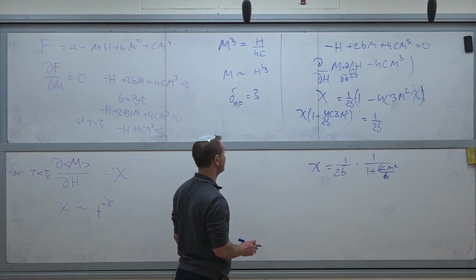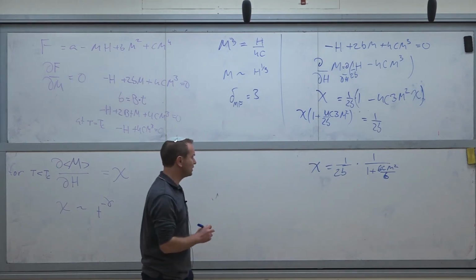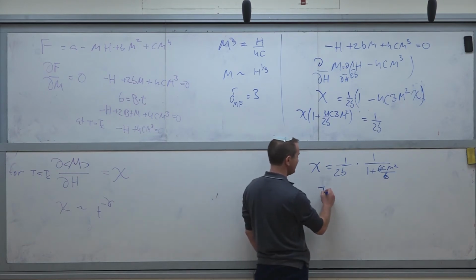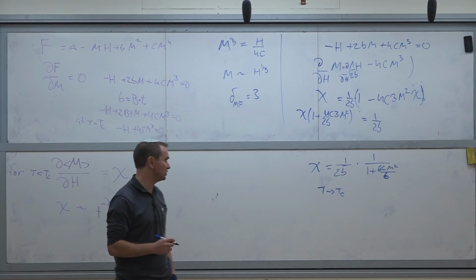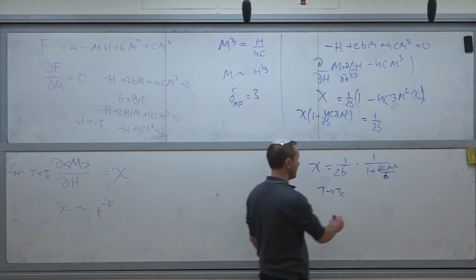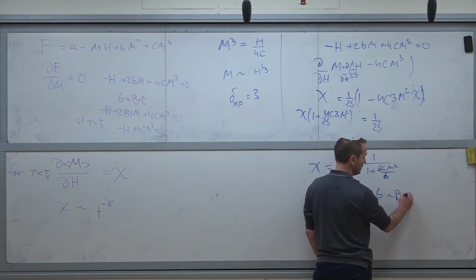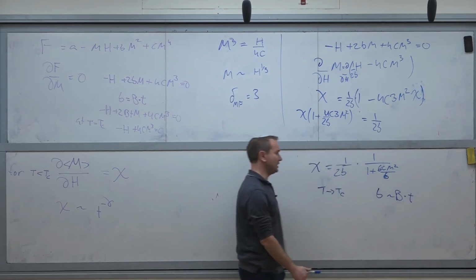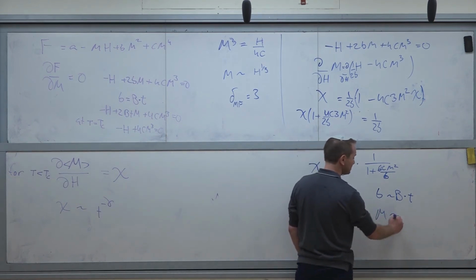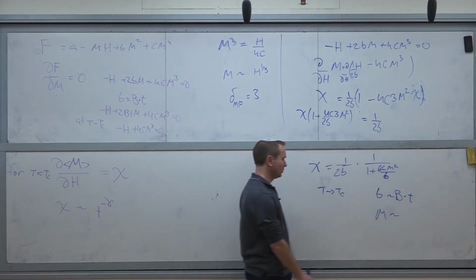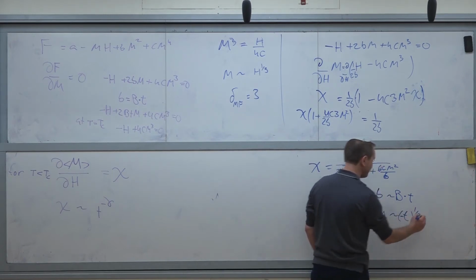2b or not 2b. Now we look at what happens when t goes to tc. What happens in this regime? We know that b is proportional to the reduced temperature t. We know that m is proportional to t, or minus t, to the power 1/2.